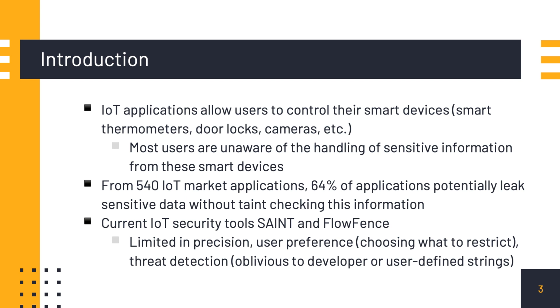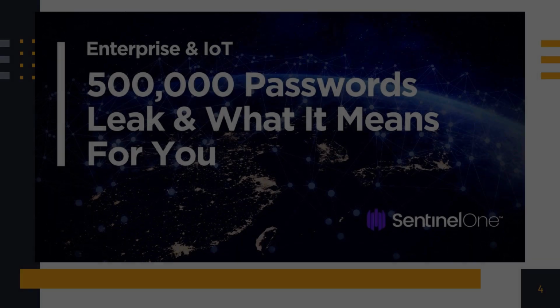Within this paper, over the 540 IoT market applications reviewed, 64% potentially leak sensitive information about the user. There exist some IoT security tools such as SAINT and FlowFence, but these are limited in precision, in what the user can be notified of, and in threat detection.